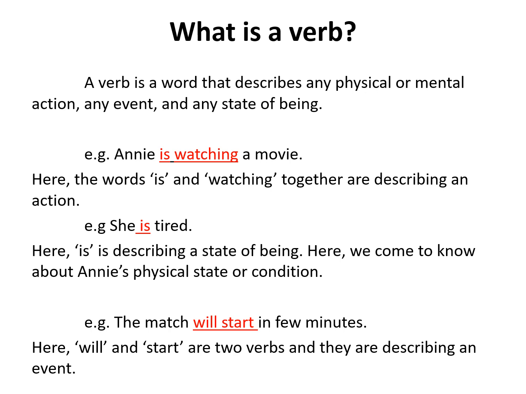The match will start in few minutes. Here, will and start are two verbs and together they are describing an event. So we understand that in a sentence we can find more than one verb, but we have to use at least one verb to make a sentence correct.